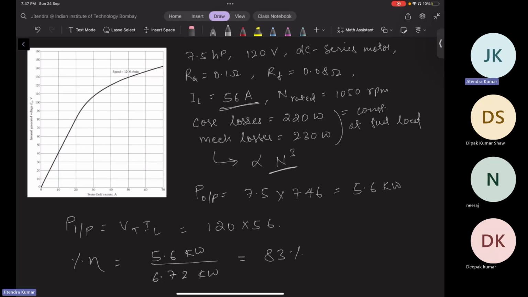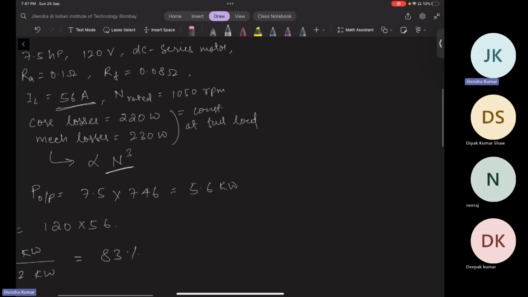So yeah, Deepak, you are right. For losses, output power plus losses also you can do. But since here we are given directly Vt and IL, we can compute input power. Otherwise, you can go ahead with what approach? Since it is a DC series motor, IL square Ra plus IL square Rf, so it will be your copper loss, right?